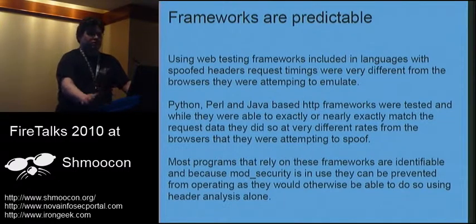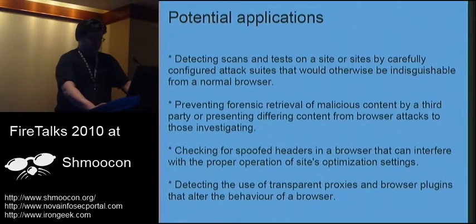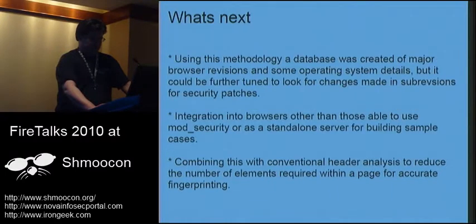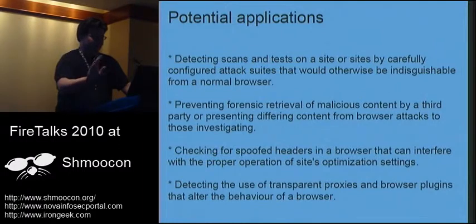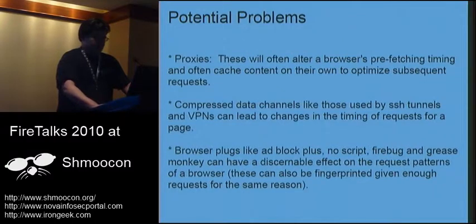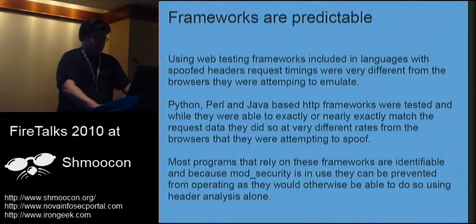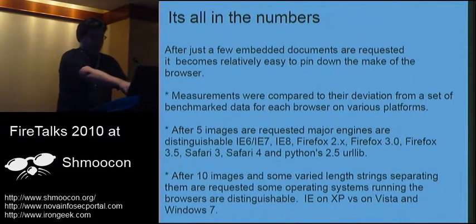Question: when you say which browser, are you talking Firefox, or are you talking about the various versions? Various versions. I've actually got it to the point after about, let me go ahead here. I'm using a PDF of my slides, so it's kind of jumping around for whatever reason. Okay, here.